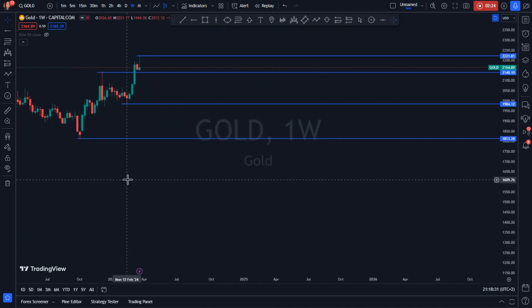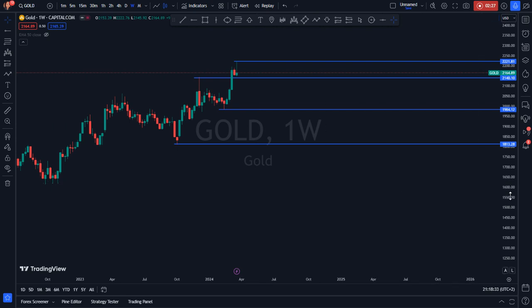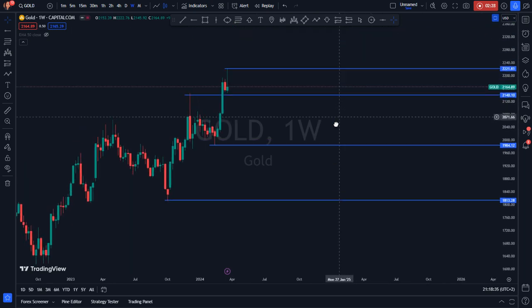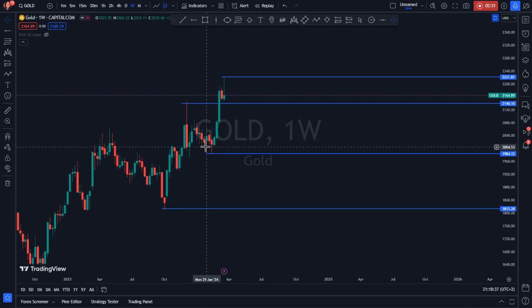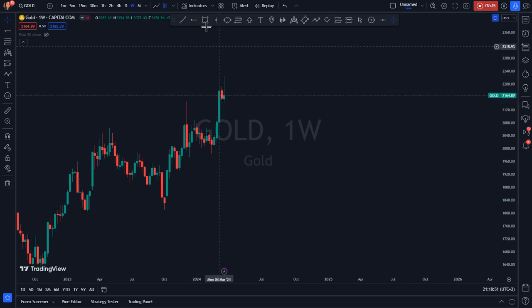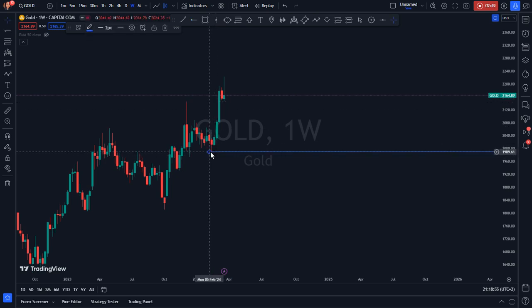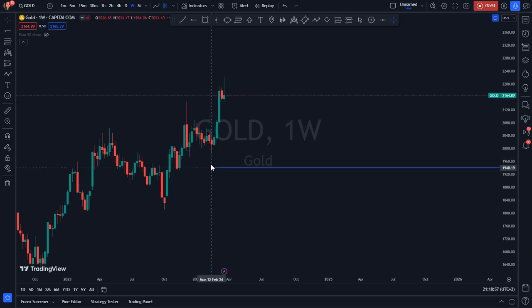So we have something which looks like this: impulsive, correction, impulsive. Which means now we are going to concentrate on this last impulsive phase. We already passed this, which means the market is currently in this last impulsive. So we can just concentrate on this last impulsive phase.